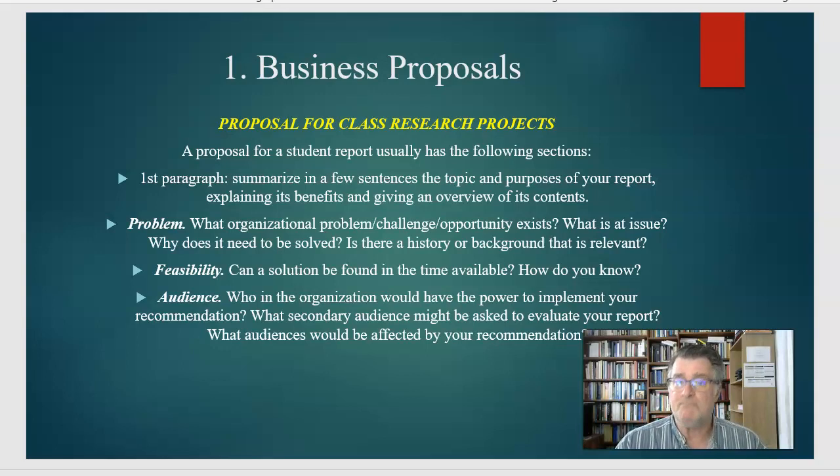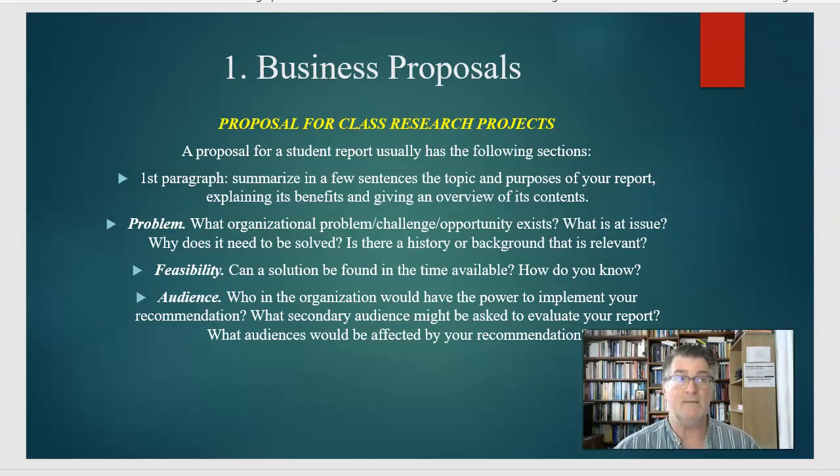The feasibility has to do with, can this solution be done without being too costly or time consuming? How do we know that is the case? Again, put that information right up front in the first paragraph or two. The audience, you can address them, who in your organization would have the power to implement your recommendations, who will read this paper and who can do something about it, right?